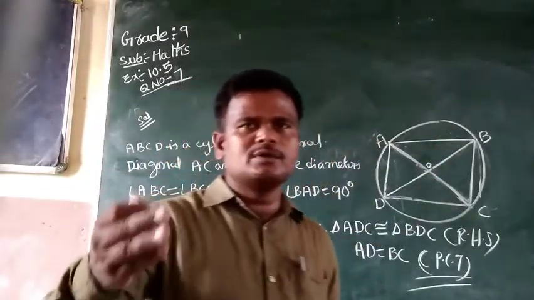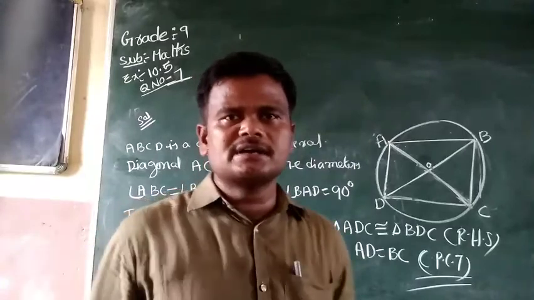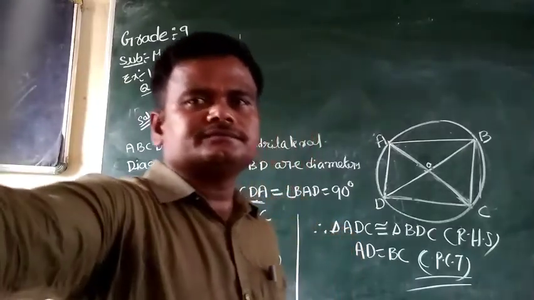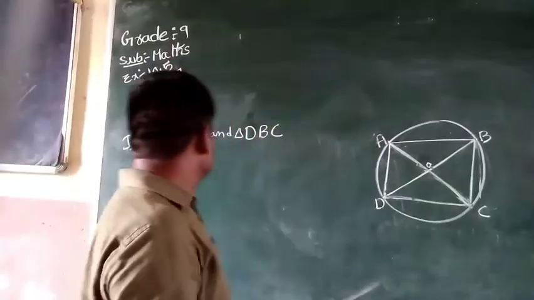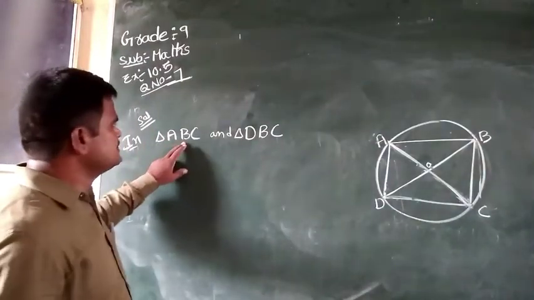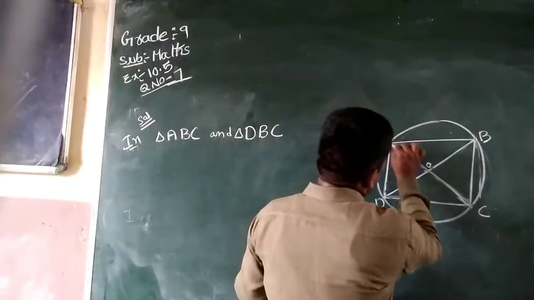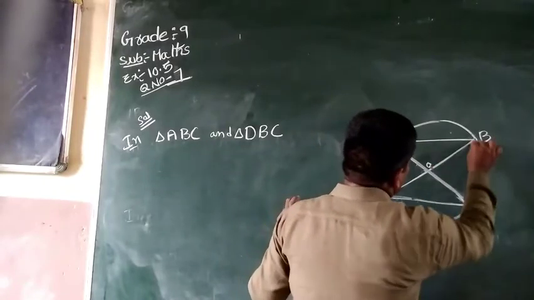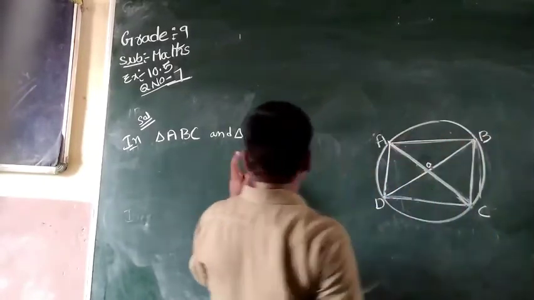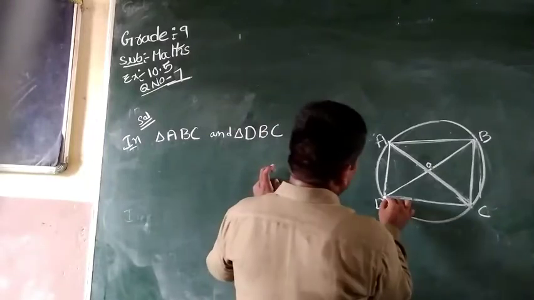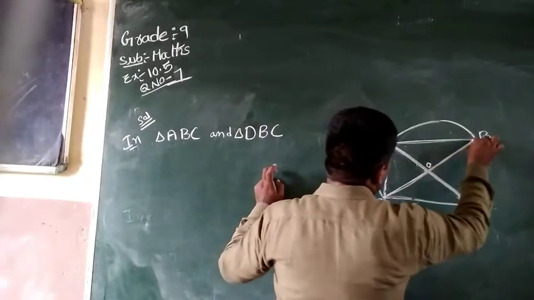We need to prove the other pair of opposite sides is also equal. Next, take triangles ABC and DBC.